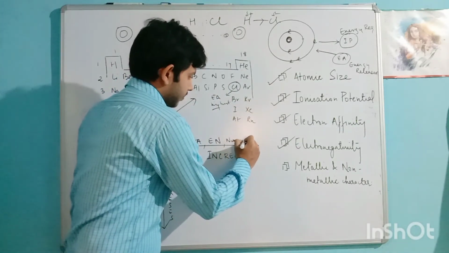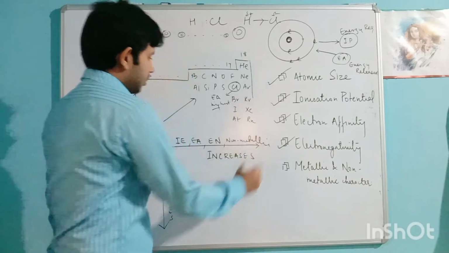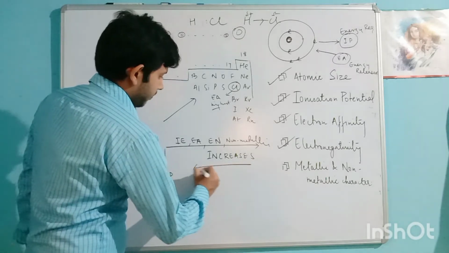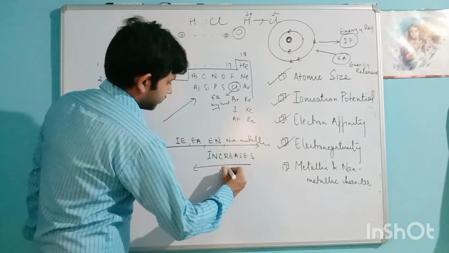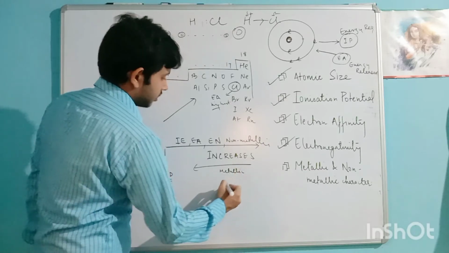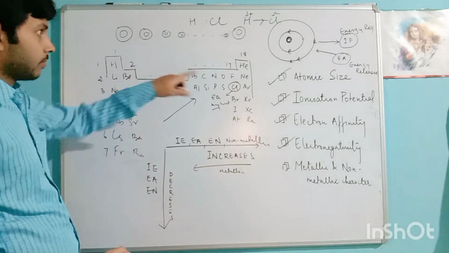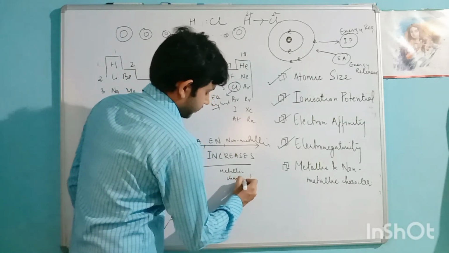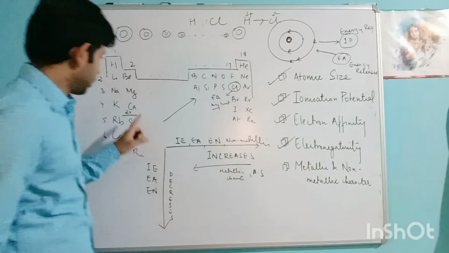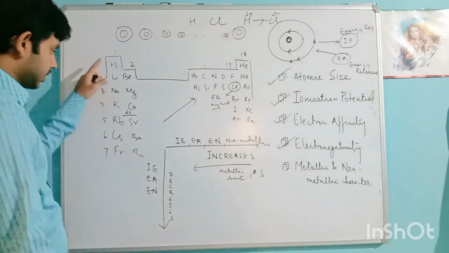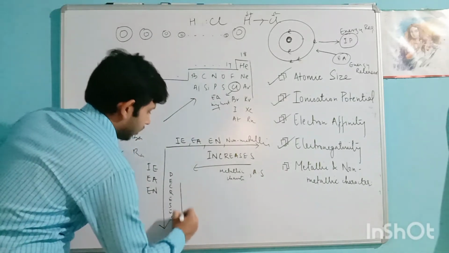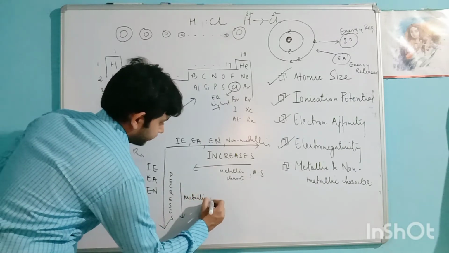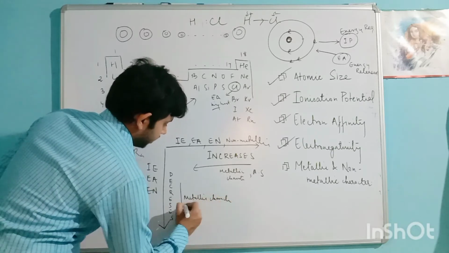And metallic character increases like this. And in this way, atomic size was also increasing. Down the group, metallic character increases.